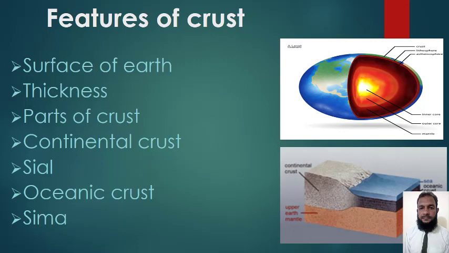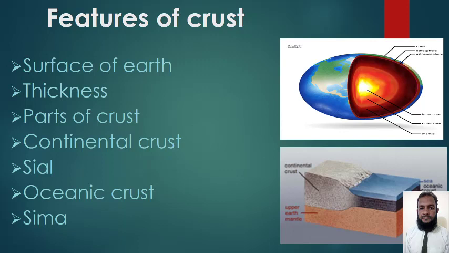Oceanic crust. Oceanic crust is made of silicon, iron and magnesium. Therefore, it is known as seema. So seema is the composition of oceanic crust.